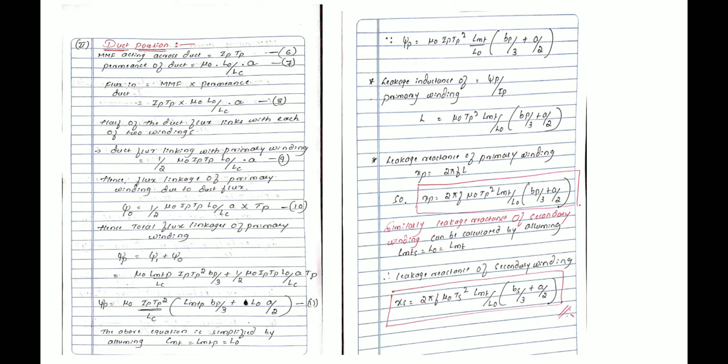So the duct flux linkage with the primary winding is half of this total flux in the duct. Half of this one: 1/2 mu naught IpTp L naught divided by LC into A. Call this equation 9.